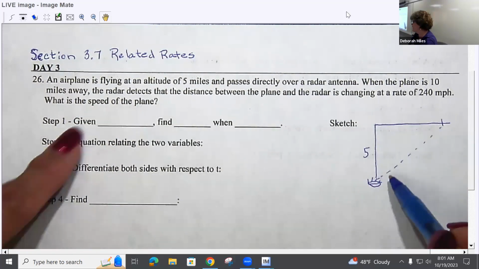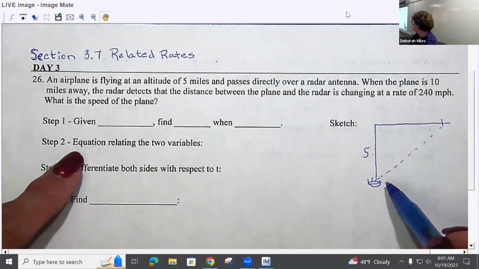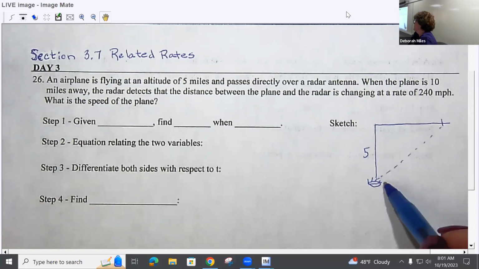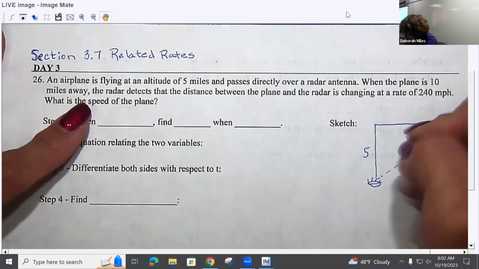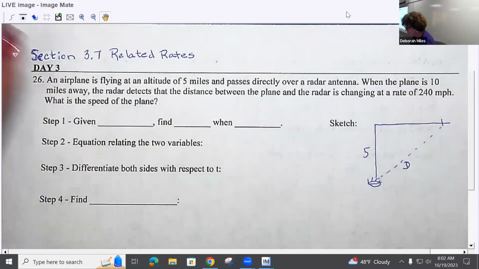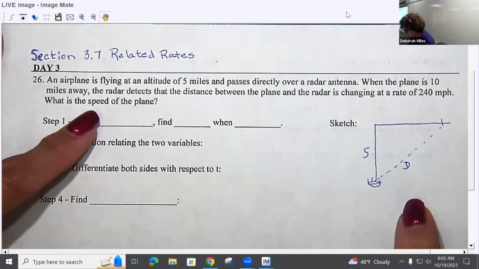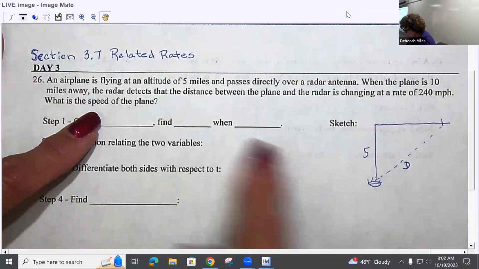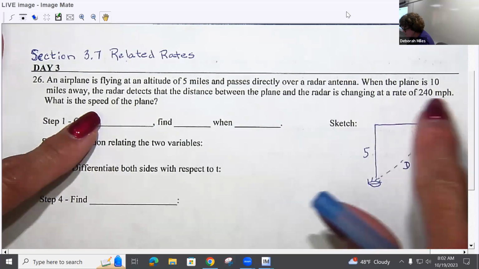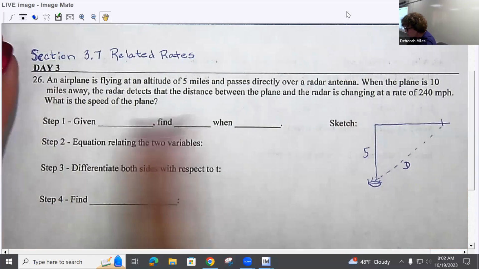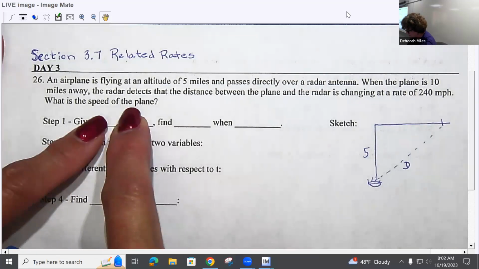You have a favorite variable for that distance? What about D for distance? That's fine. Eeny, meeny, miny, moe, pick your favorite variable. D for that distance. The distance between the plane and the radar is changing at a rate of 240 miles an hour. What is the speed of the plane?